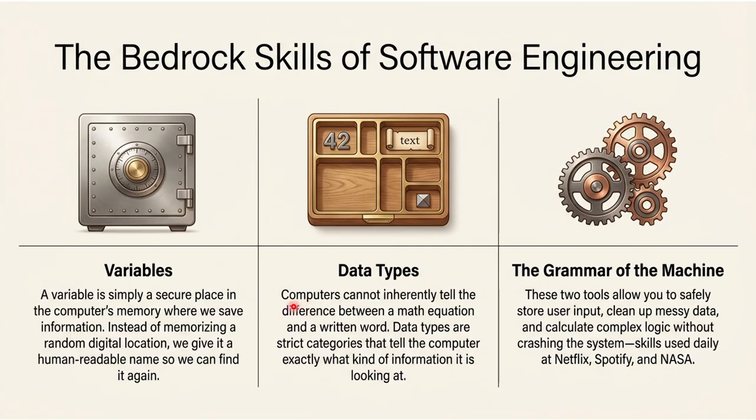So what are data types? Computers cannot inherently tell the difference between a math equation and a written word. What does this mean? A computer cannot tell if 42 is a text or a number, or if some text is a string or a number.